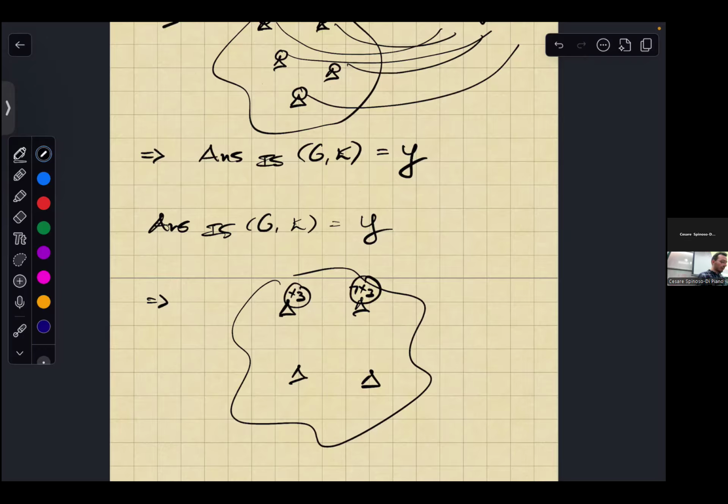I can't just make x3 true and not x3 true, because if x3 is true, then not x3 is false, and if not x3 is true, then x3 is false.